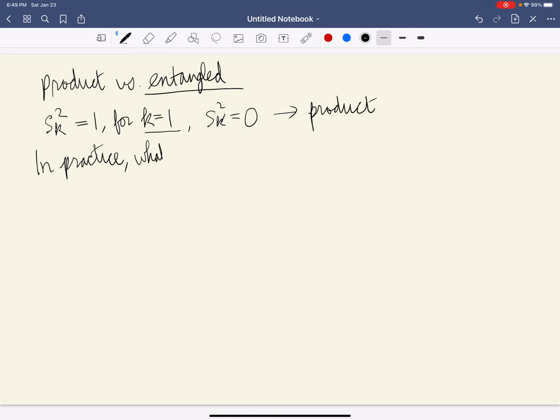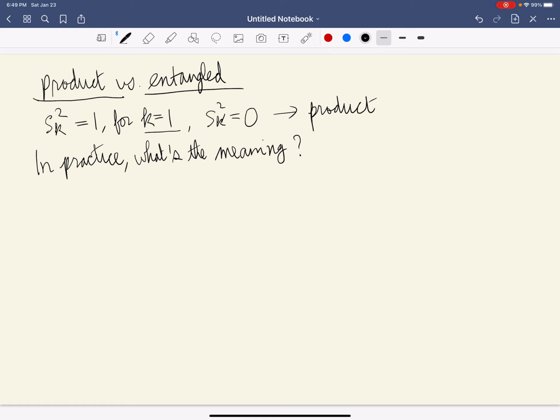So in practice, what is the meaning of a product state? What is the meaning of entanglement? So let me try to build up a case in the context of some thought experiment where this distinction can come to life, product state versus the entangled state.